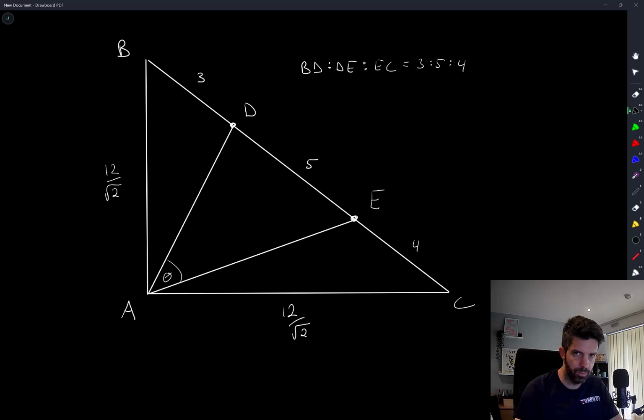Make sure I've incorporated all the information here. Angle A is 90. AB is equal to AC. Okay, I mean, we know that this is 45. Let's call these angles both alpha.